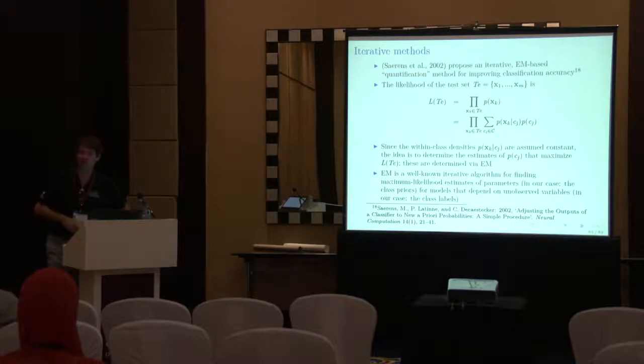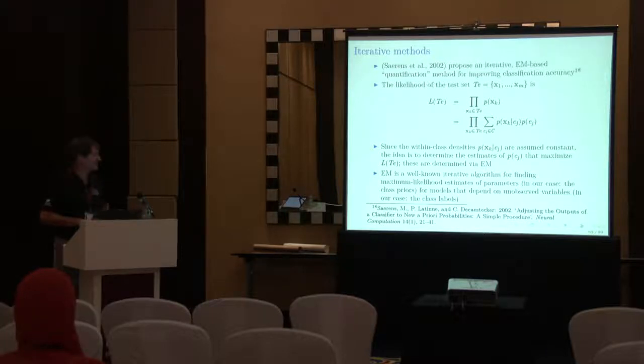And when it comes to maximizing the likelihood, EM is the default method that comes to mind. EM, for those of you who don't know, is expectation maximization. It's an important iterative algorithm for finding maximum likelihood estimates of parameters for models that depend on unobserved variables.